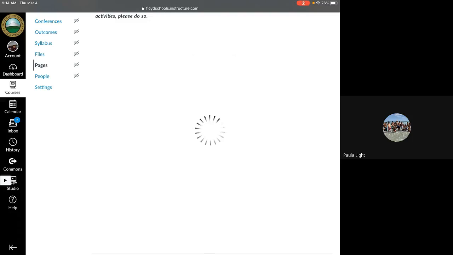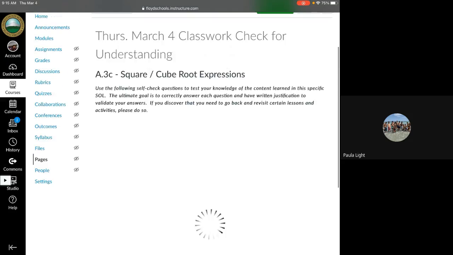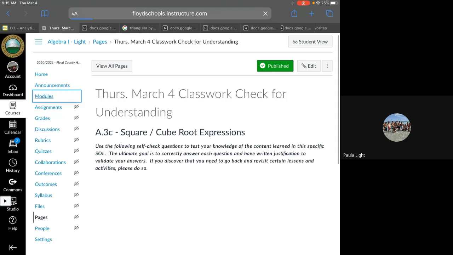Okay, let me see what I can do. The one that expired was called multiplying radicals. While you guys are working on this, let me back up.